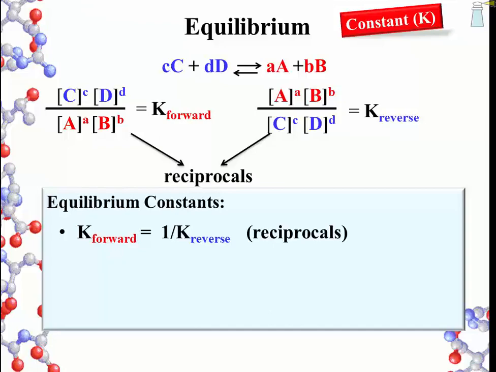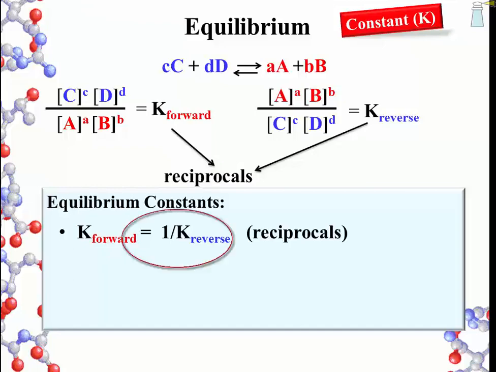If the ratios are reciprocals, then so are the equilibrium constants. If we were given an equilibrium constant for a reaction written in one direction, then we can find the equilibrium constant for the reaction written in the other direction by taking 1 and dividing it by the given equilibrium constant. Some calculators even have a button, 1 over x, that does it for us.